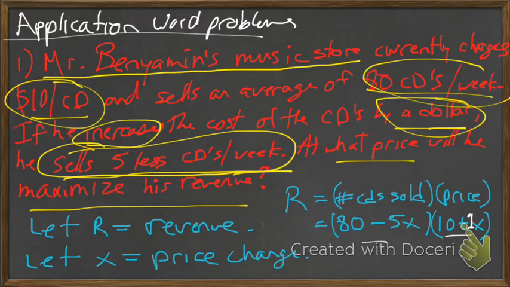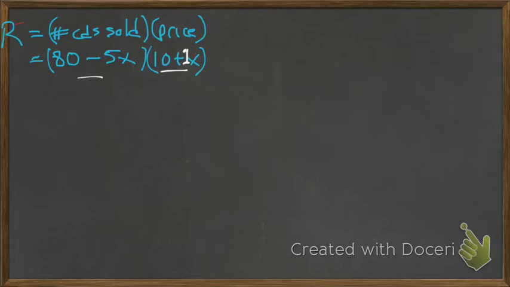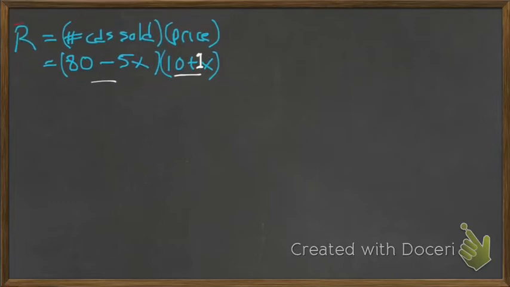Okay. So I'm going to take these two equations and copy them over here. At this point, nothing's changed. Our revenue R is equal to 80 subtract 5x, times 10 plus 1x.